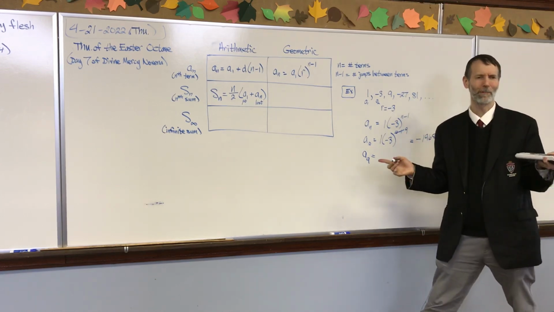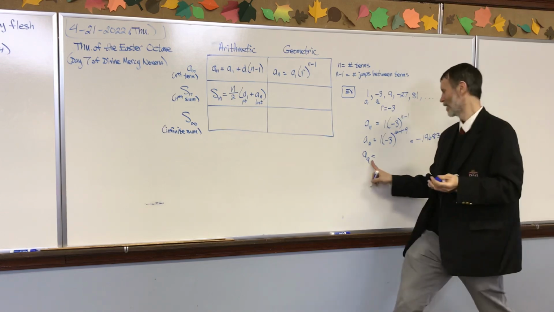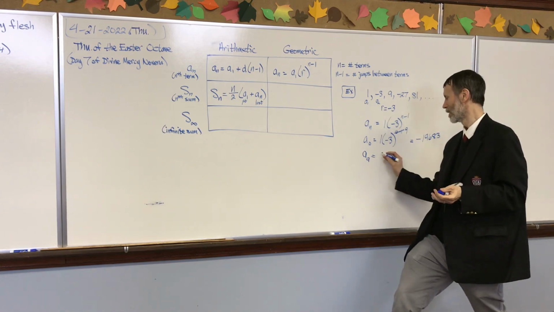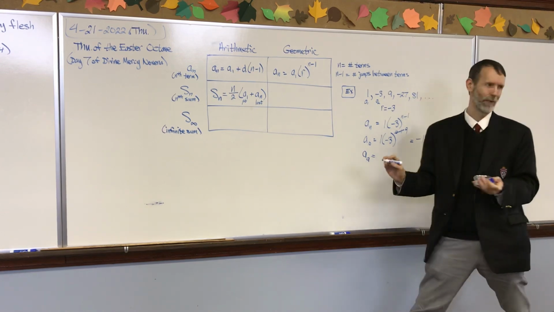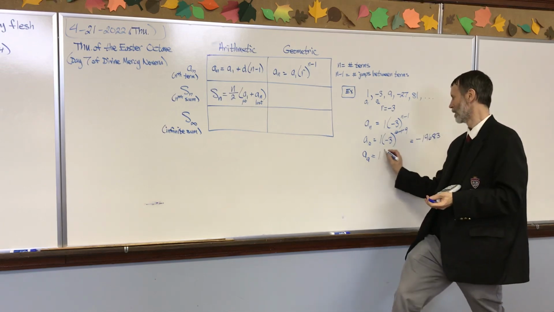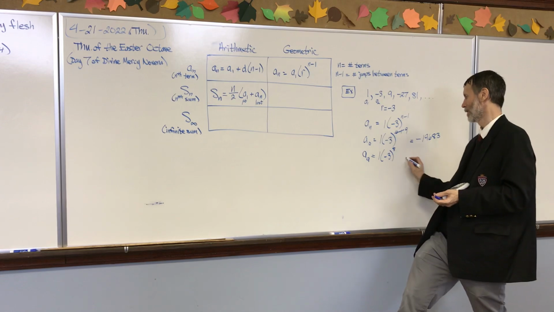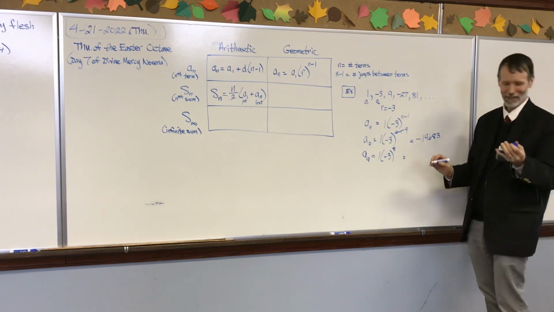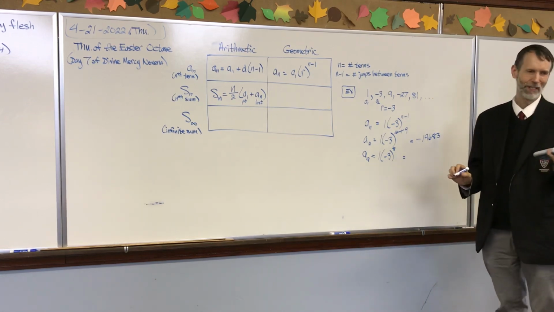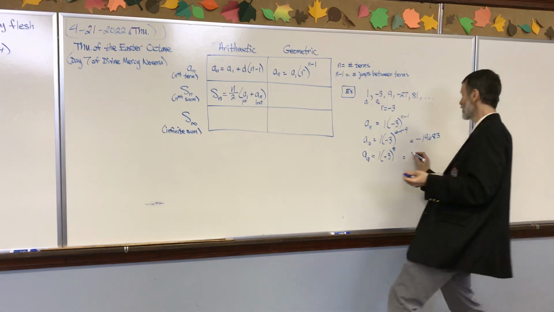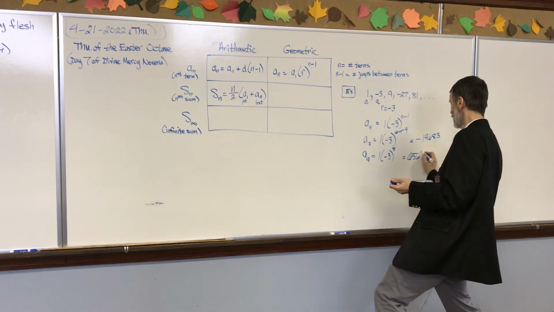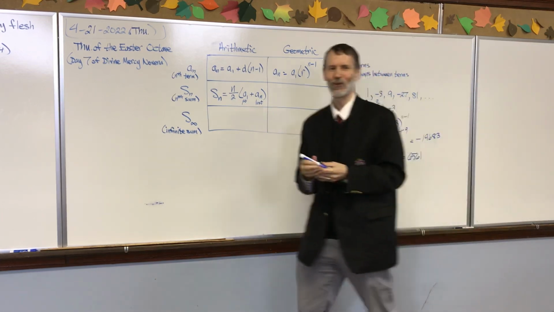Can somebody talk me through it? What does the formula look like? It's the same one except to the 8th power. Yeah, negative 3 to the 8th power. What do your calculators say? Positive or negative? Positive 6561. Did anybody get negative 6561?